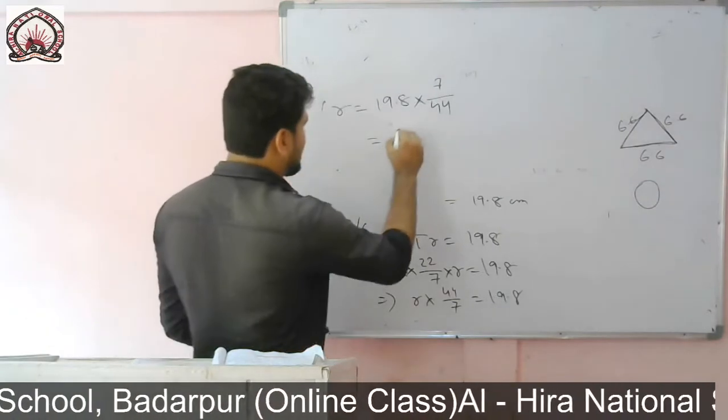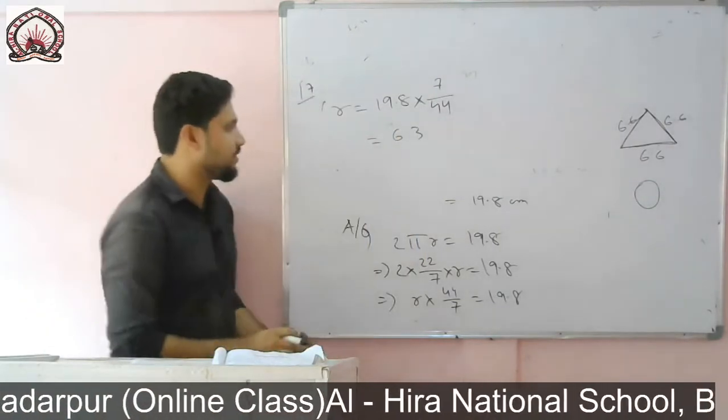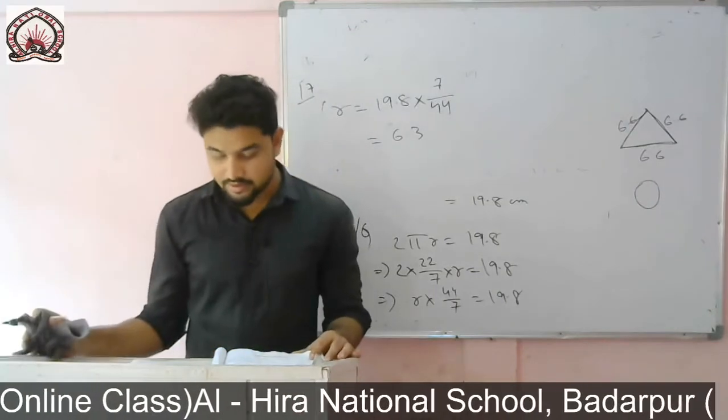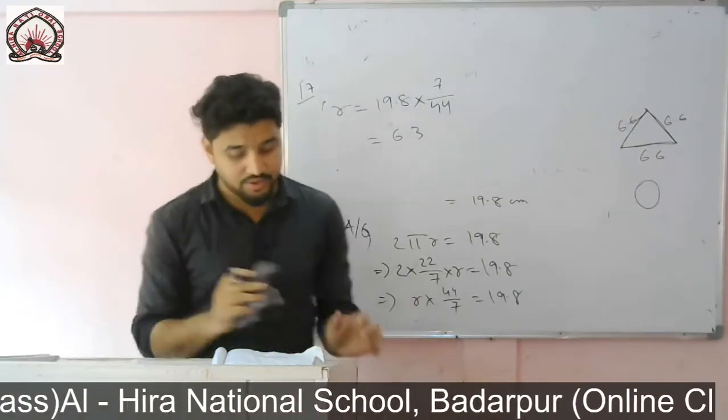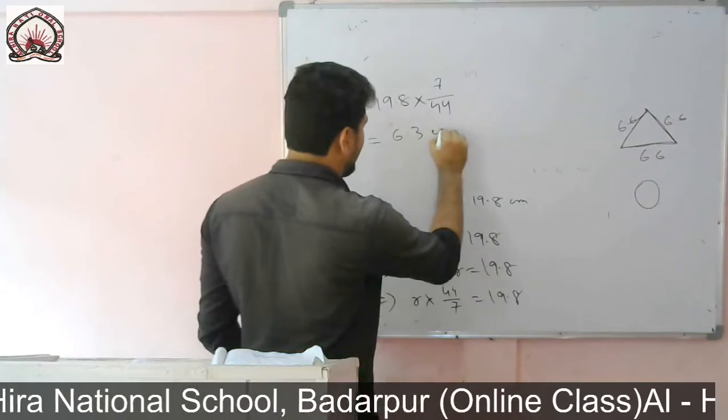If you cancel this, then you'll get 6.3. You cancel at your home. If you don't find, then you say 6.3 centimeter.